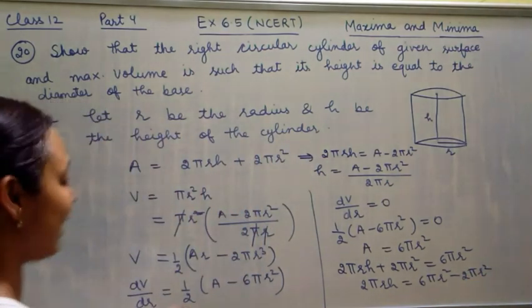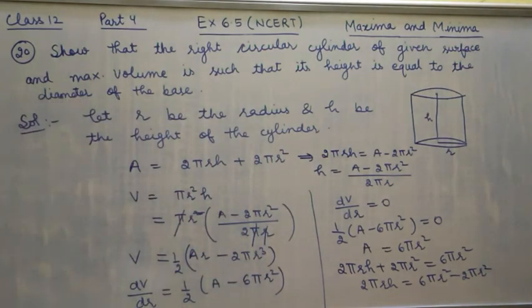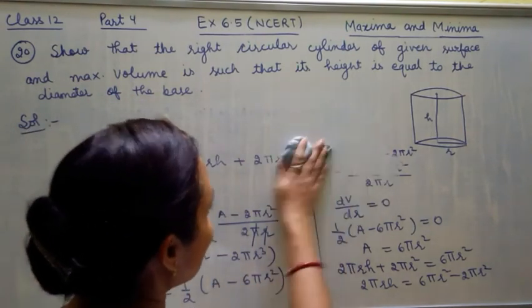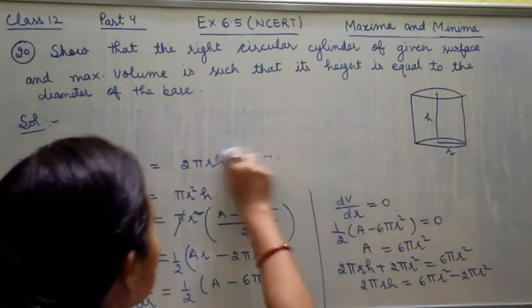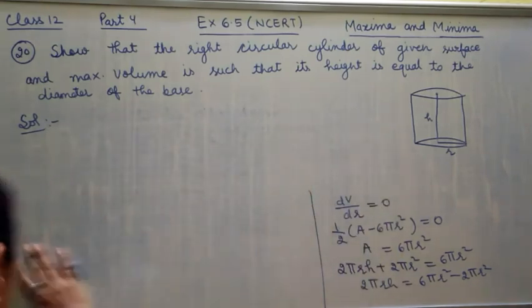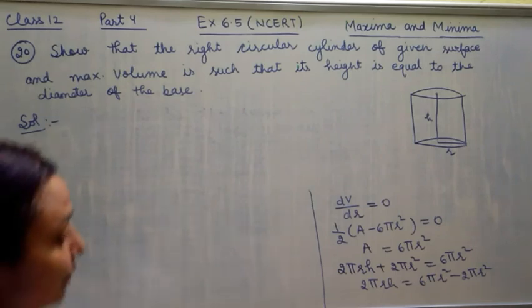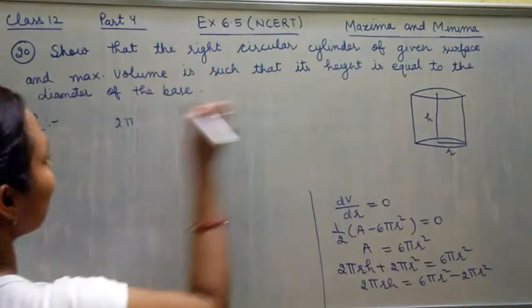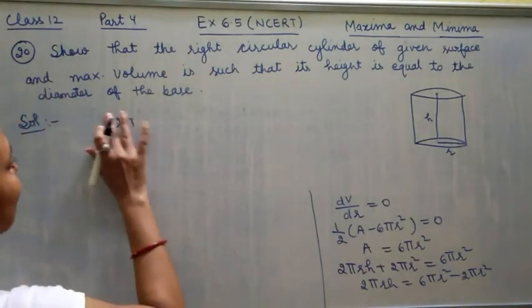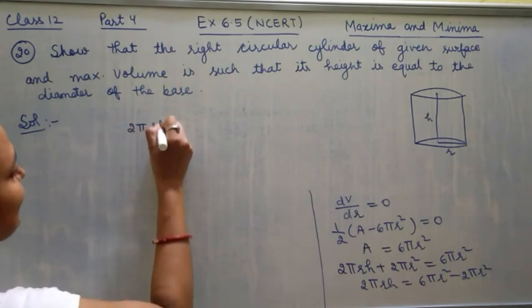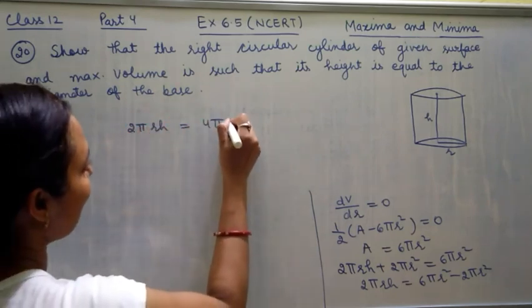After subtracting, 2 pi r h is equal to 4 pi r square.